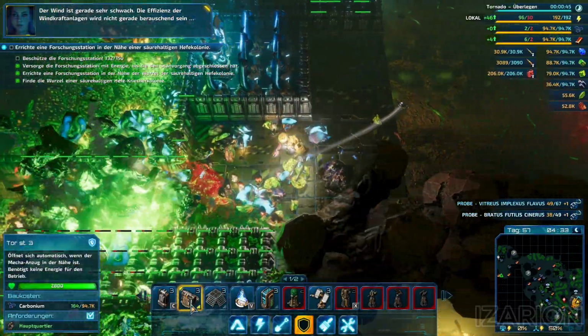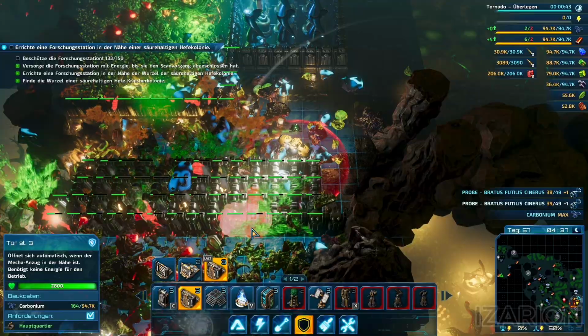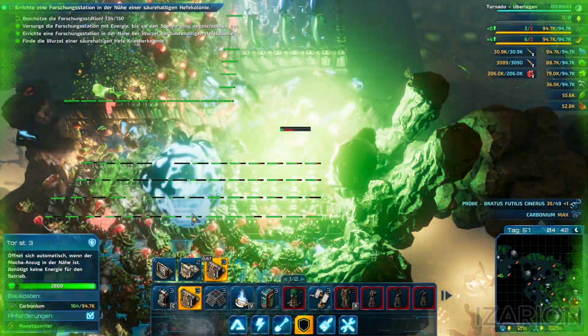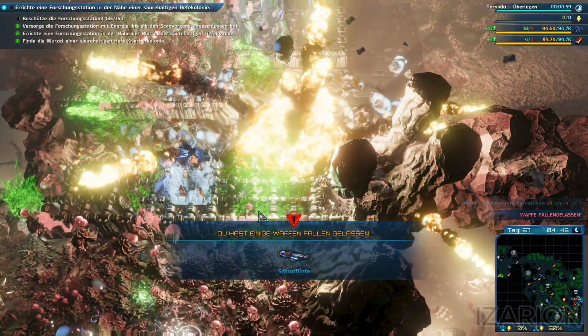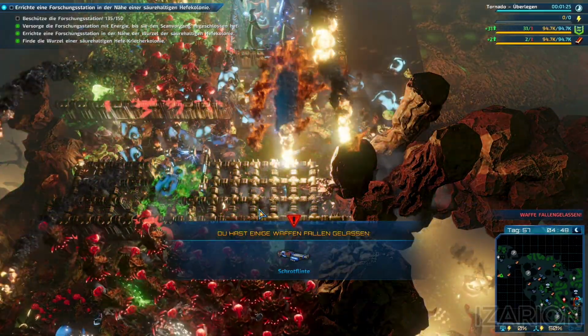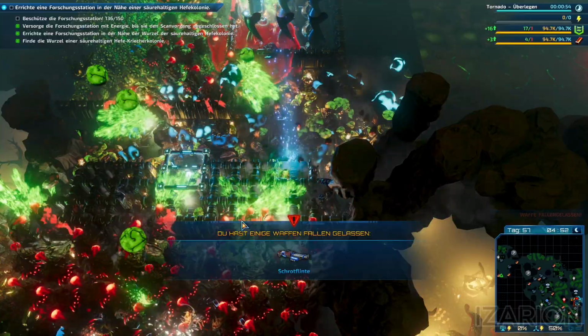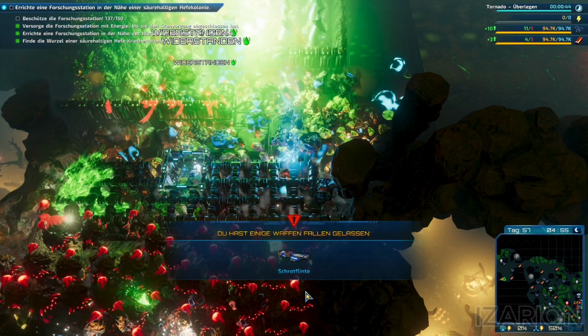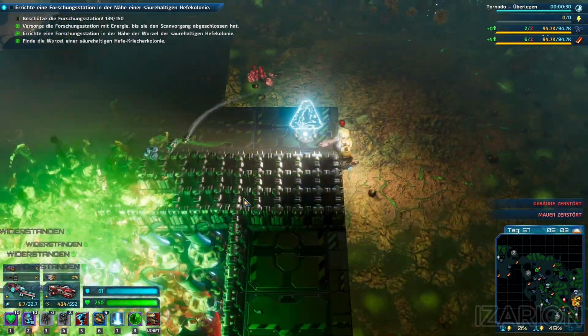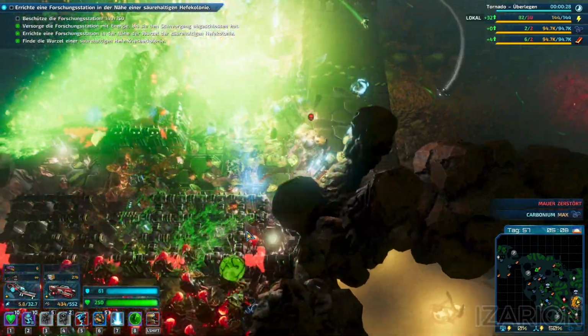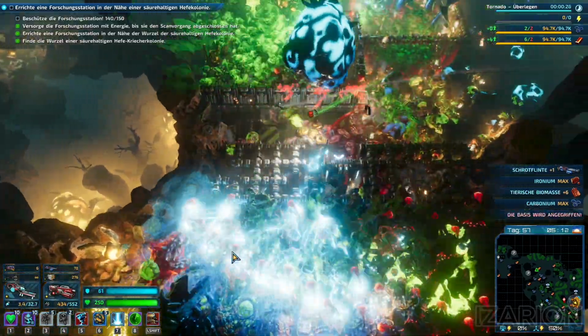Wind turbine efficiency is not going to be that great. Weapon drop. We can try to recover it later. One of our buildings was being destroyed. There is a breach in our walls. Base is under attack.